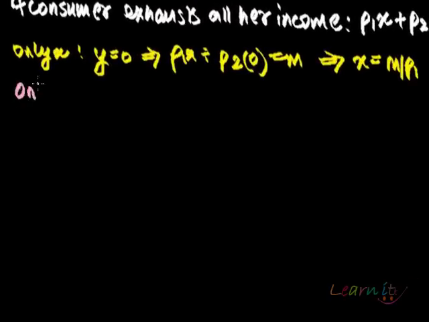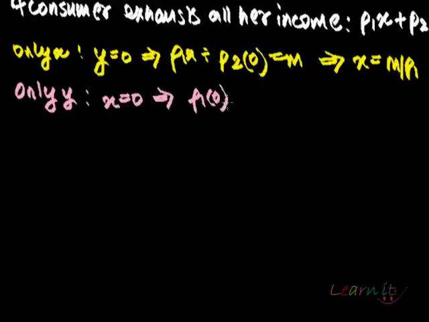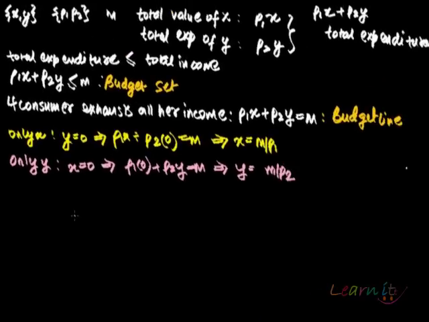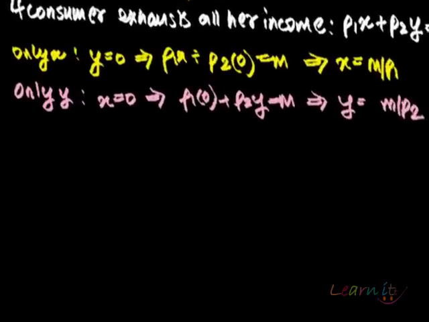And if you are consuming only Y, of course X is equal to 0, so P1 into 0 plus P2Y equals M, which gives you Y equals M by P2. Clear?